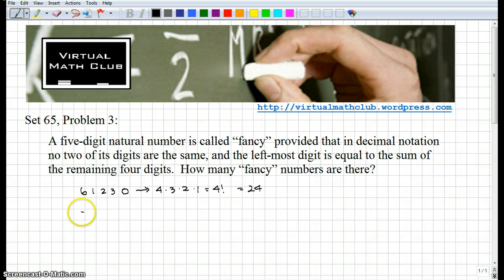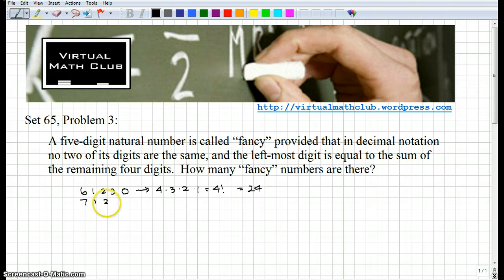And that's really the only way you can get 6 as the leftmost digit, with 1, 2, 3, and 0. Alright, so let's look at 7. If we had a leading digit of 7, how many ways could we make 7 with 4 different digits?